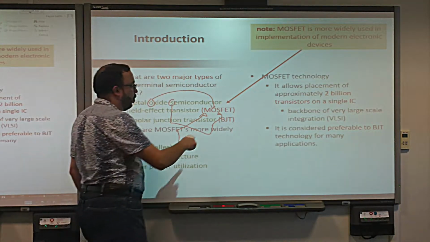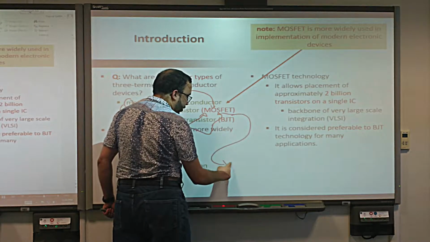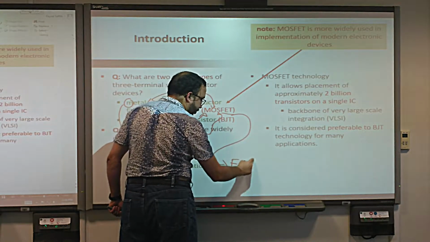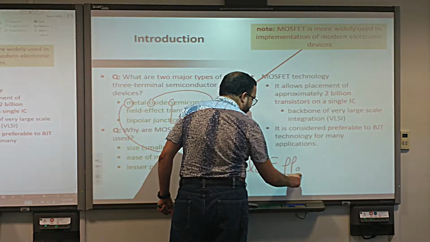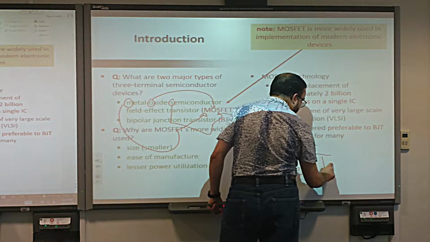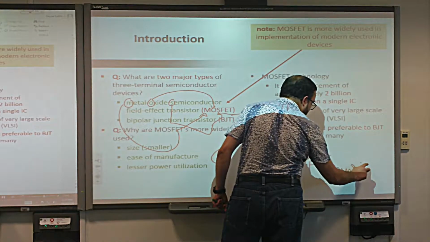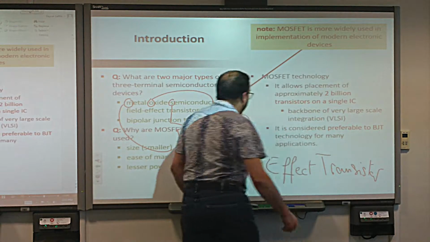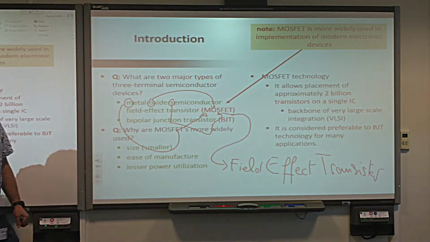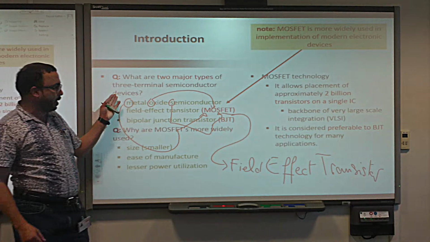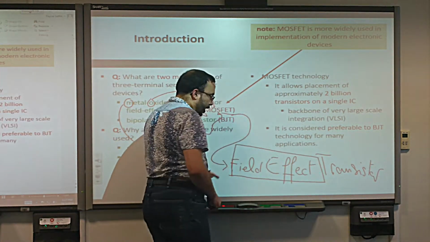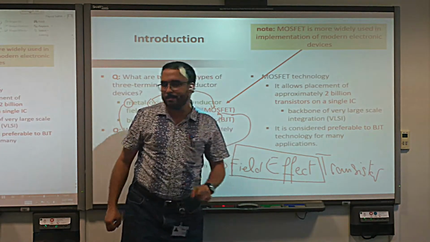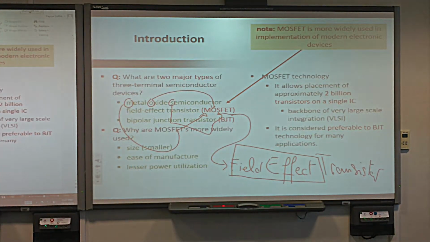And FET stands for what? F means field, E effect, and T transistor. So basically, this transistor works on the basis of the field effect. It means what makes this transistor work is the electric field, all right?